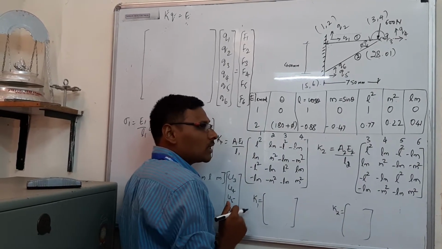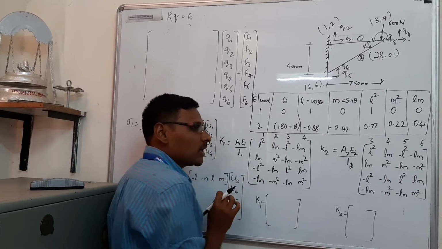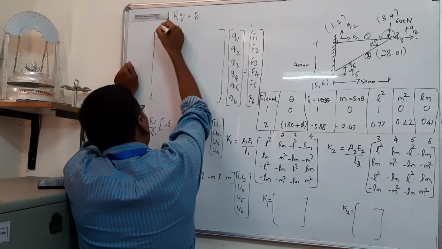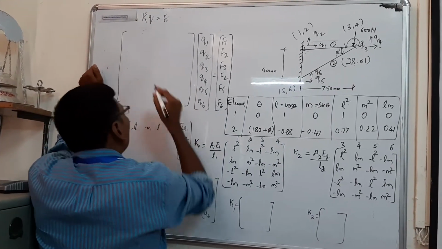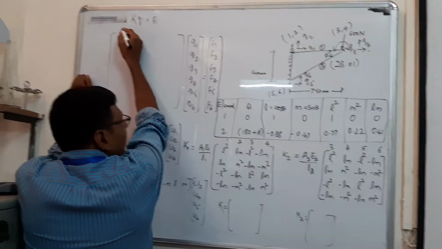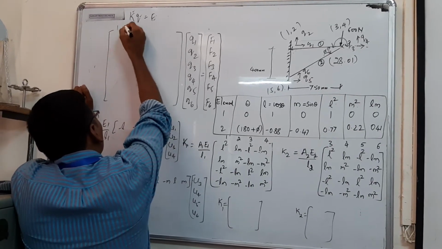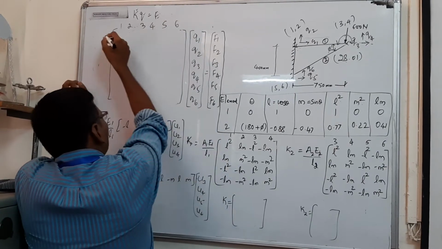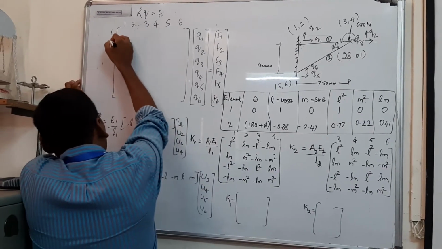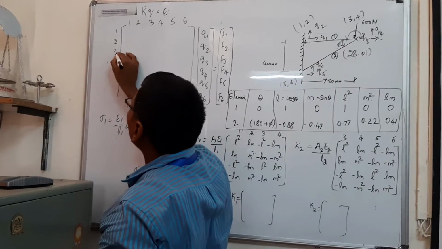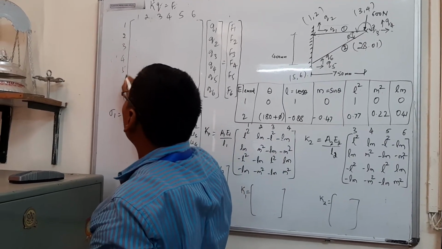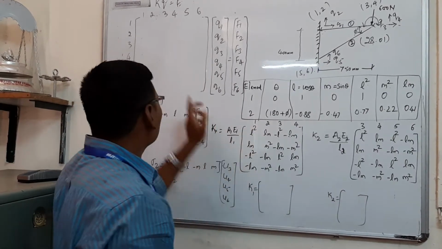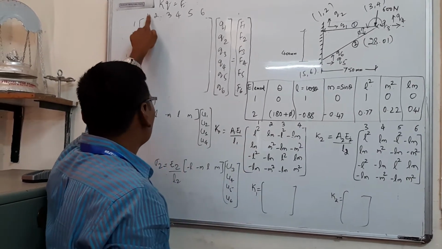Now we will find out the global stiffness matrix, that is called K. So how to calculate this? Let me consider this will become a 6 by 6 matrix, 1, 2, 3, 4, 5 and 6, similarly here 1, 2, 3, 4, 5, 6. Okay. So now let me consider row 1 and column 1.